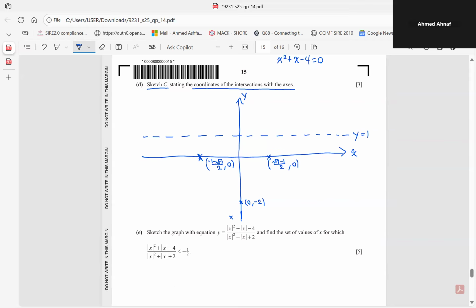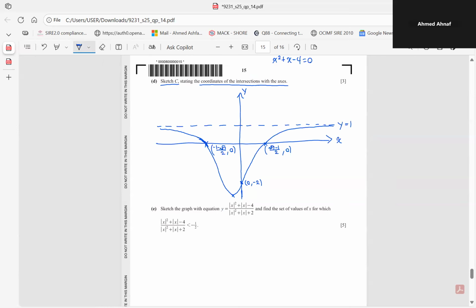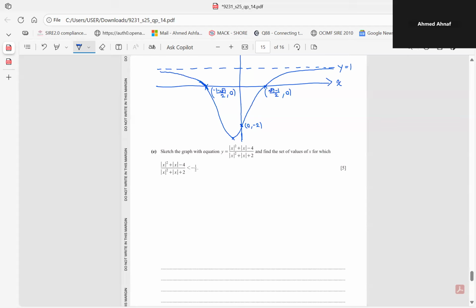Now we can sketch. And then this is the turning point. So this is our curve, our final answer. Let's head on to the next part.